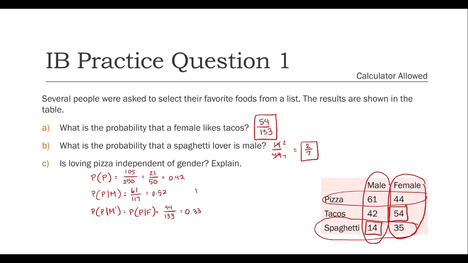So as you can see, the probability of loving pizza is not equal to the probability of loving pizza given that they're a male, and it's also not equal to the probability of loving pizza given that they're not male. So this means that loving pizza is not independent of gender.